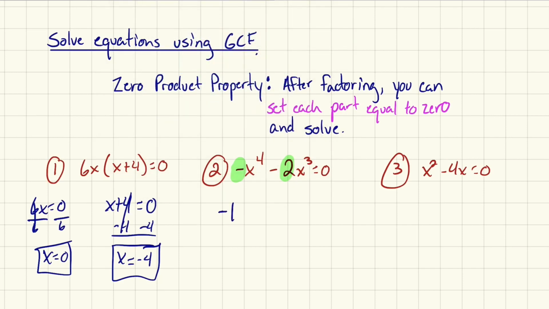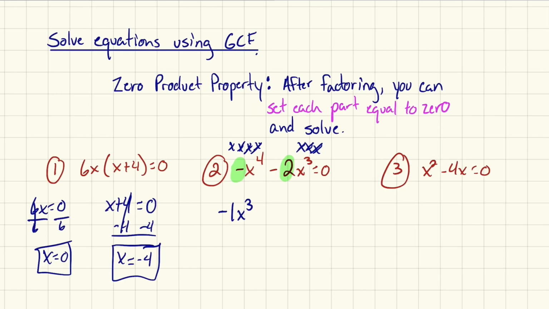We have to take that negative, remember. And then when we're looking at our variables, x to the fourth is 4 x's, x to the third is 3 x's. How many can I take out of both parts at the same time? Well, 1, 2, 3, 1, 2, 3. So then my greatest common factor there is negative 1, x to the third.